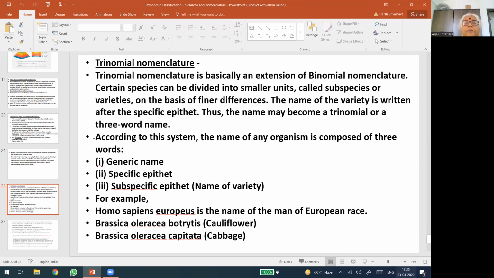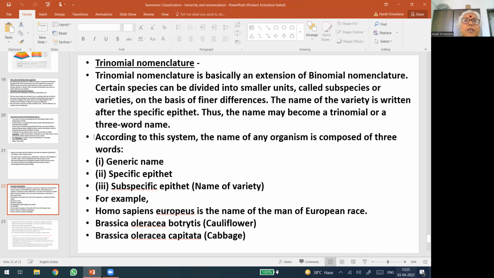Now, we have seen that binomial nomenclature, which is universally accepted, is so far the widest range and most specific nomenclature system, in which we name or denote an individual in two terms. One is the generic name and the second is the species name. This theory was based on the view that the species is the lowest level of the taxonomical or classificational hierarchy. But further studies are identifying much lower levels.